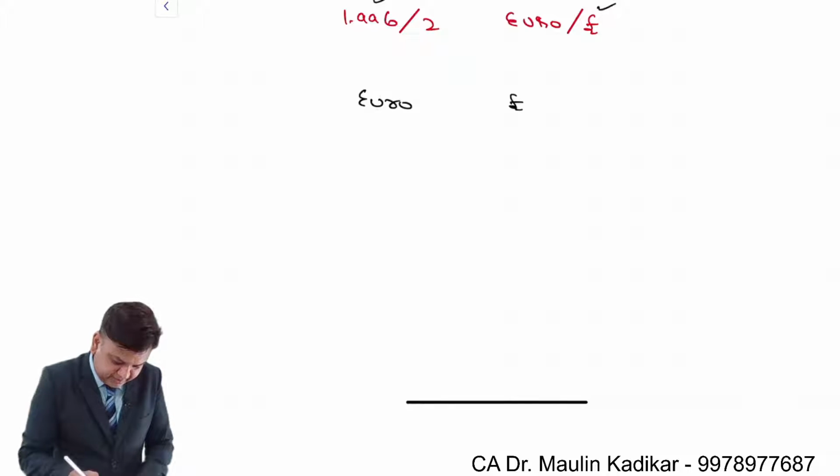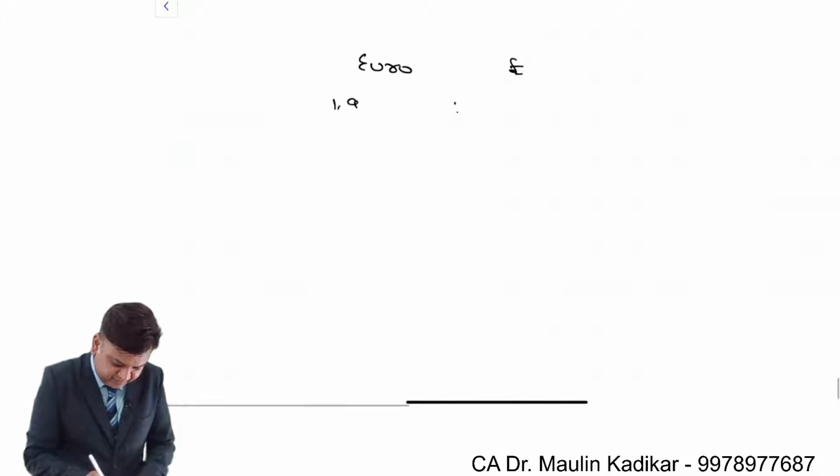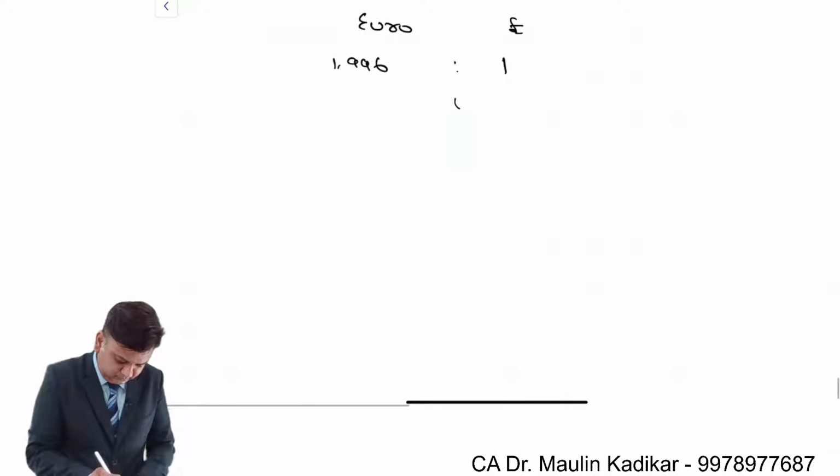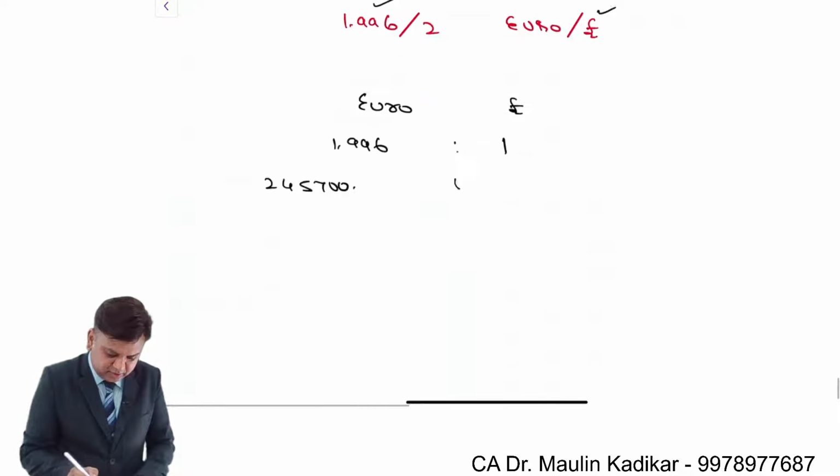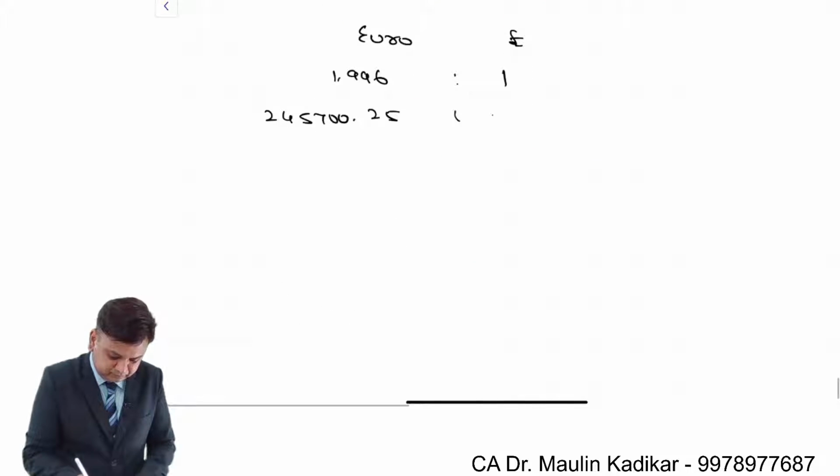So it is euro and pound: 1.996 euro is equal to 1 pound. 2,45,700.25 euro is equal to this amount of pound.